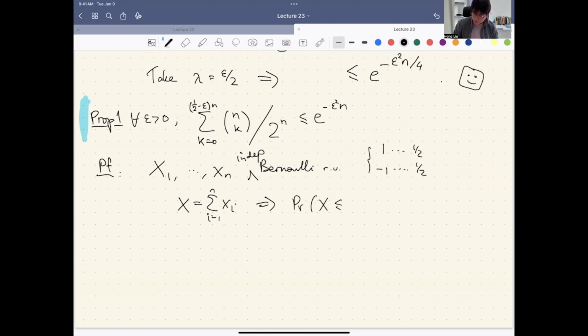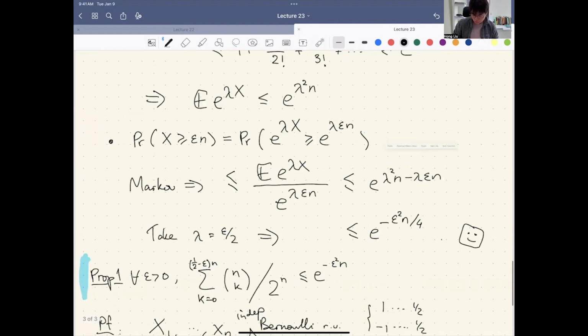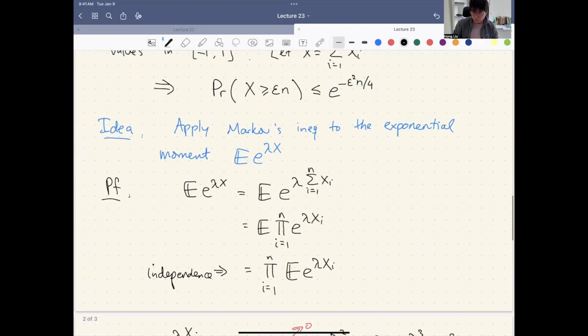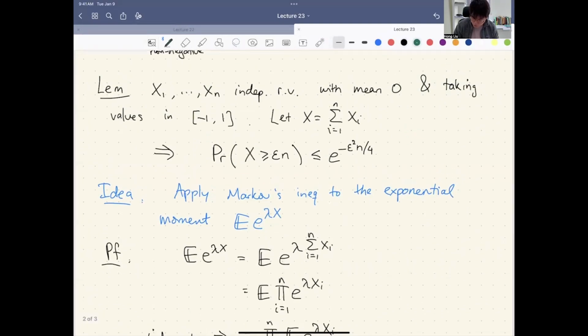less than, by symmetry, everything is symmetric, right? By symmetry, one can also show x less than epsilon n is the same thing. What you can do is you can replace xi by negative xi.